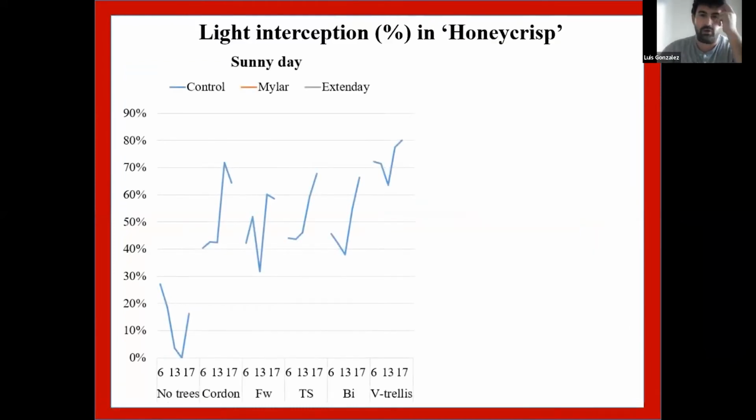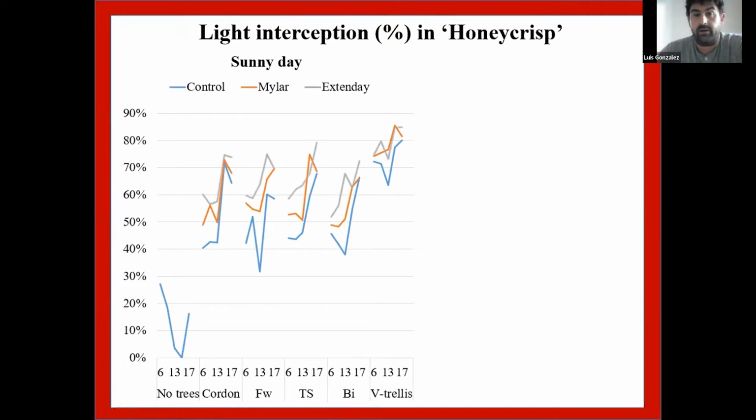Okay, this is the result of light interception. You can see that all systems show similar light interception during all hours of the day. However, V-trellis shows higher values of light interception because, as I said before, these trees were planted with a slope and have more capacity for light reception. When we compare with Mylar, you can see Mylar shows higher values of light interception.